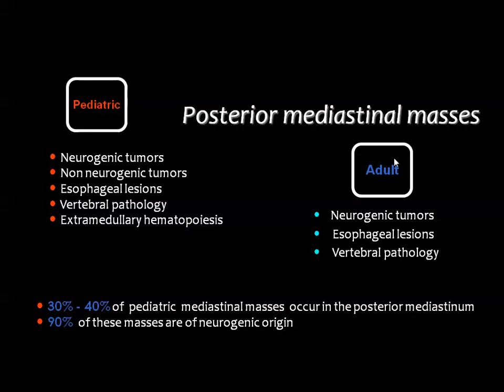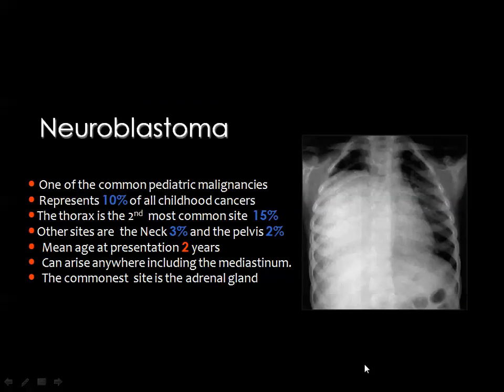In adults, we have three major pathologies in the posterior mediastinum: neurogenic tumors, esophageal pathology, and vertebral pathology. In the pediatric age group, we have neurogenic tumors, non-neurogenic tumors, esophageal and vertebral pathology, as well as extramedullary hematopoiesis. Of course, you know that extramedullary hematopoiesis can be seen also in adult population, but frequently identified in the pediatric age group.